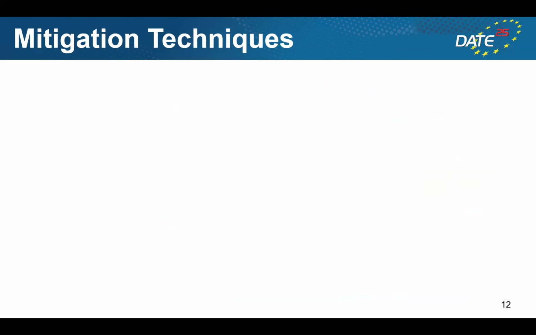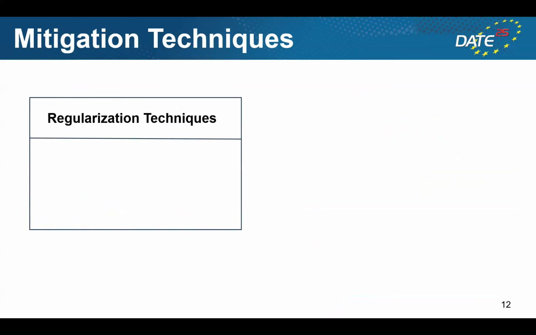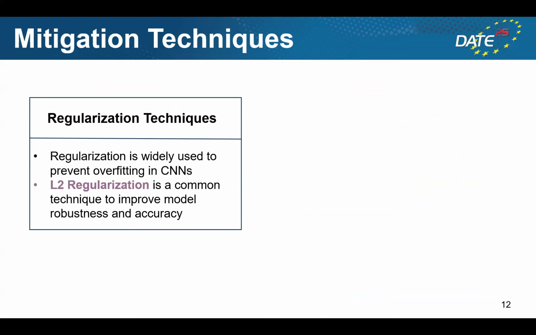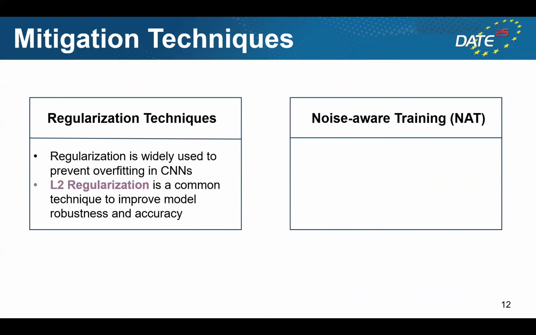In terms of the mitigation techniques we explored, we focus on regularization techniques. These are already widely used to prevent overfitting in CNNs, and L2 regularization in specific is a common technique to improve model robustness and accuracy. We also focus on noise-aware training, which is used to improve generalization and reduce sensitivity in models.